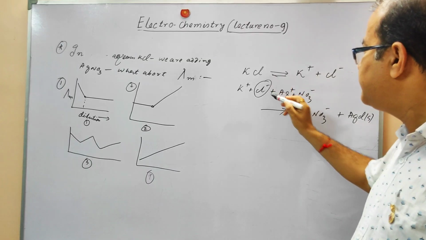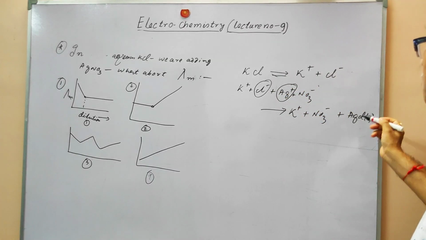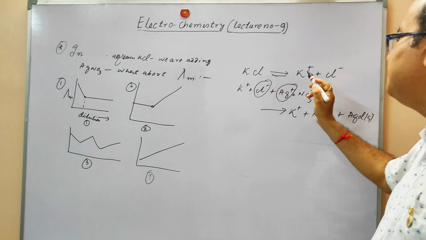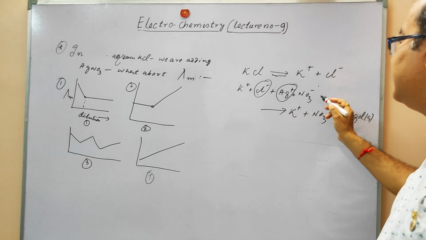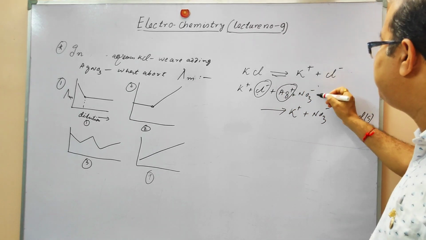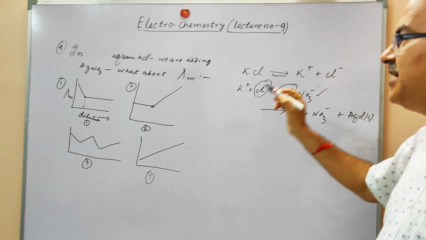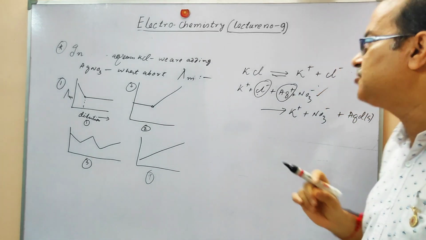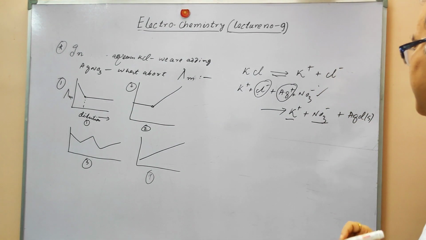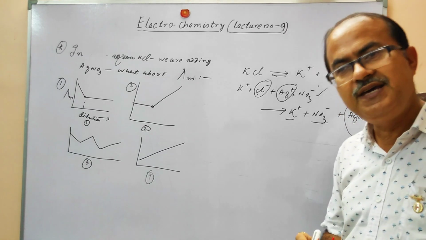Cl minus is reacting with Ag plus and it is replaced by NO3 minus. So there is no such change in the number of ions in the solution. You can see in the solution K plus, NO3 minus, and there is a precipitate of AgCl solid.